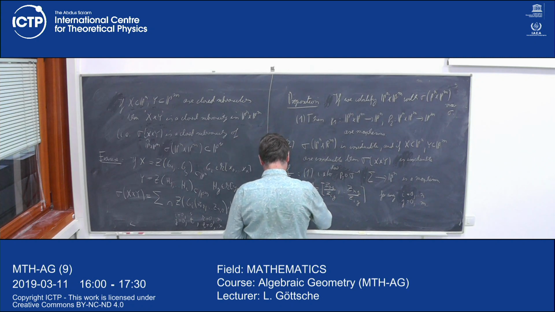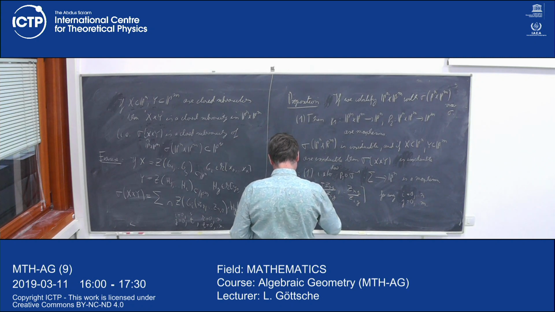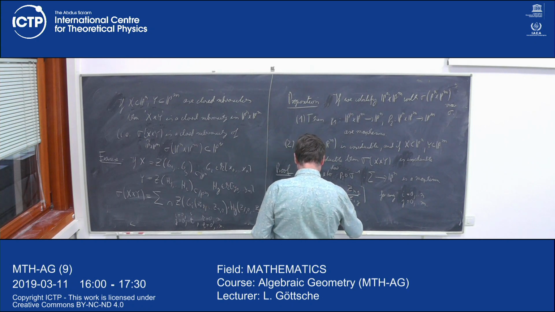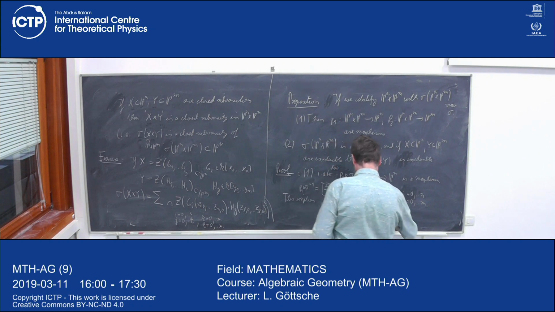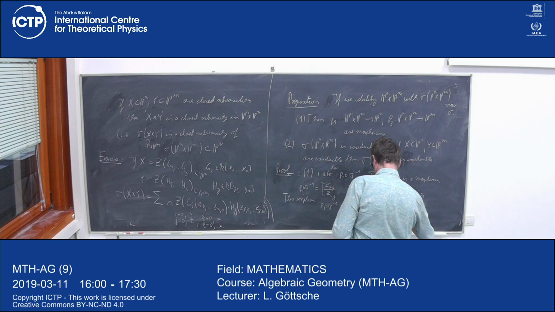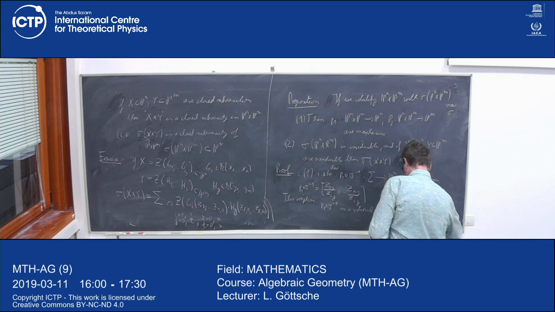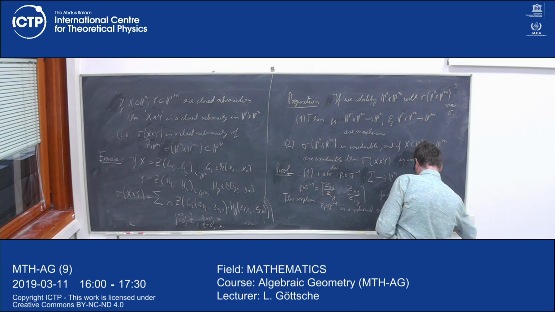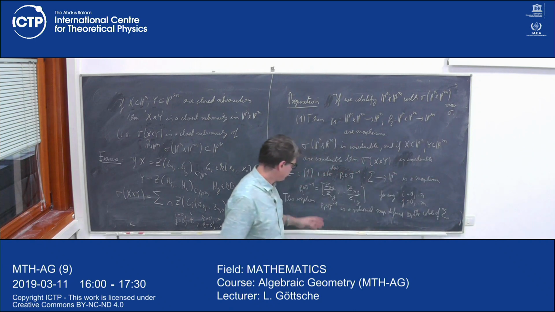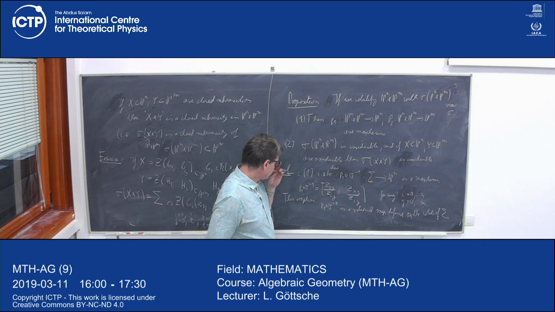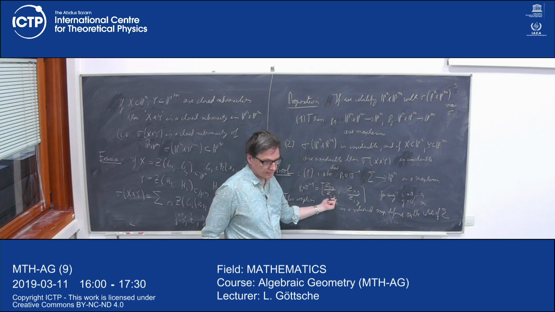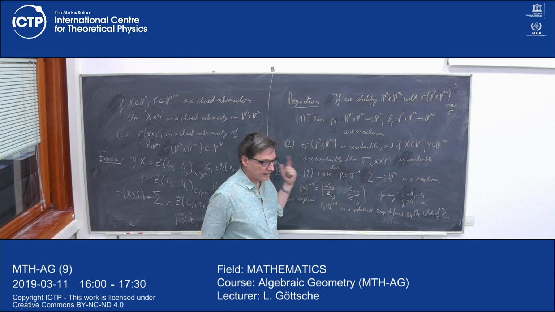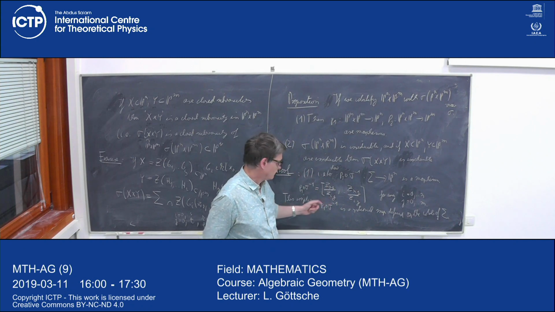This implies that p1 composed with sigma to the minus 1 is a rational map defined on the whole of sigma. For each i and j it will be a morphism on the open set U_ij, and the U_ij cover sigma.